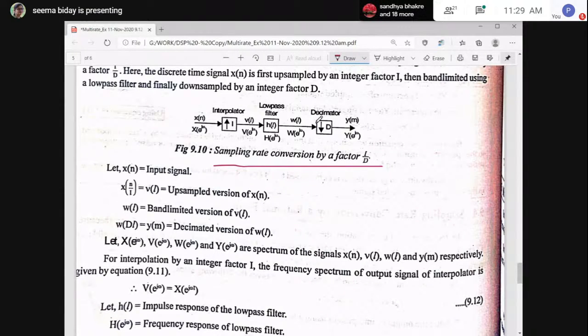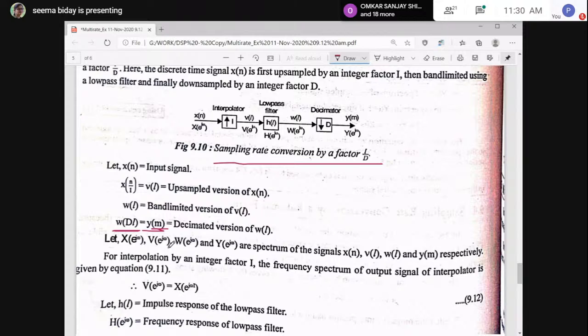Then you get another signal, WL. Now y of m is the decimated version of WL. How to get this decimated version? By w of D into L. Either you can write n or m or L or K, whatever you want, it does not matter. So now you are getting w of D into L, which is the output y of m.